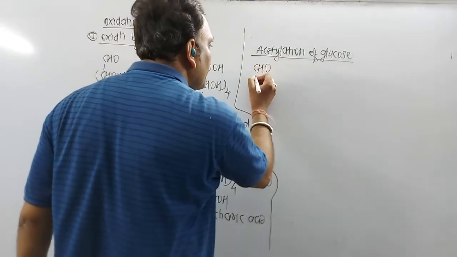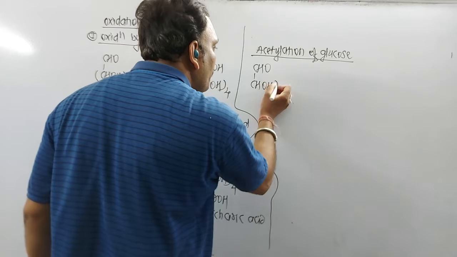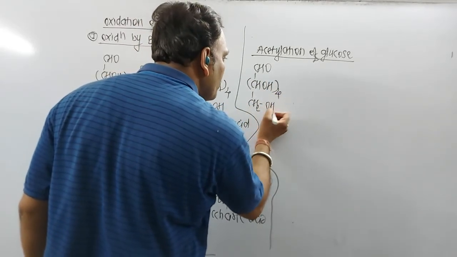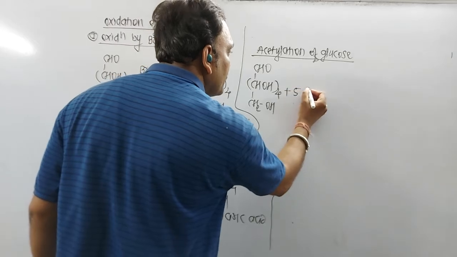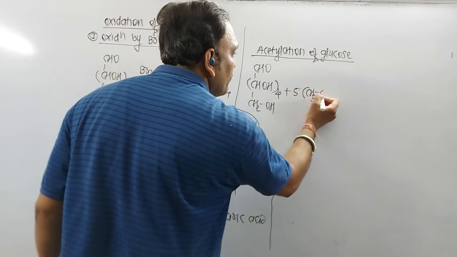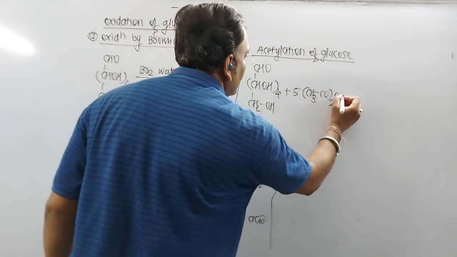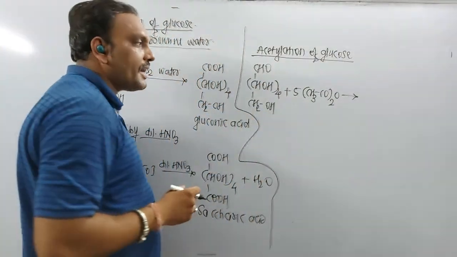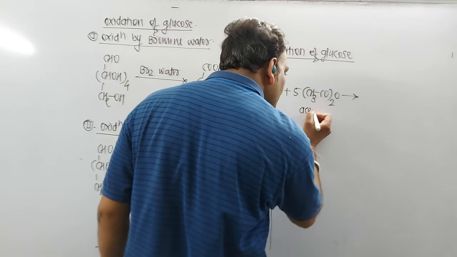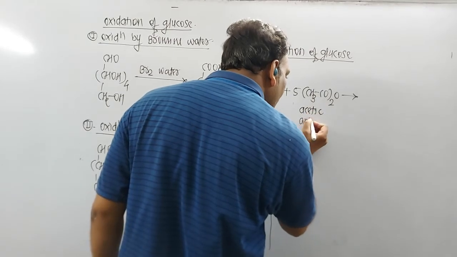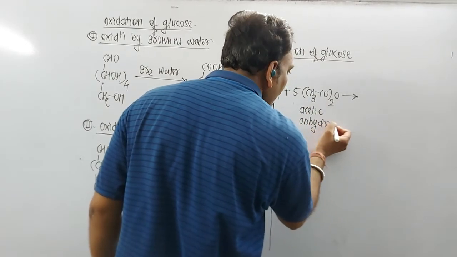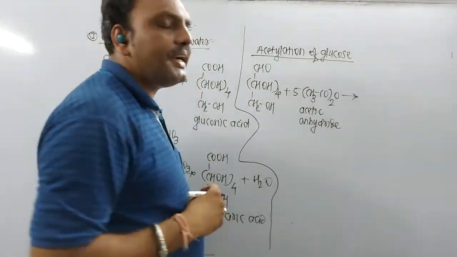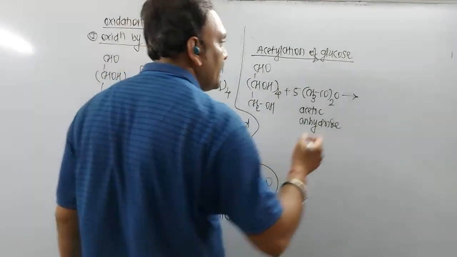So this is none other than glucose. We know very well that glucose consists of 5 OH groups. So when we treat this glucose with acetic anhydride, then what happens? All the OH groups will get acetylated. Remember, this is none other than acetic anhydride. So acetic anhydride reacts with glucose, and thereby all the hydroxyl groups will get acetylated.